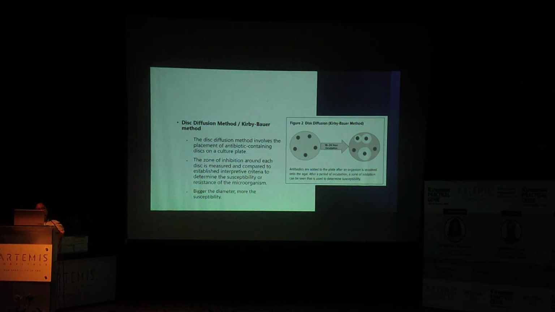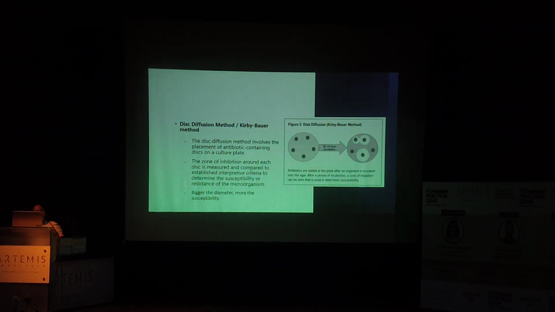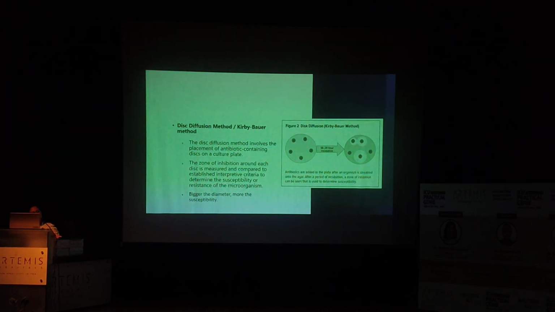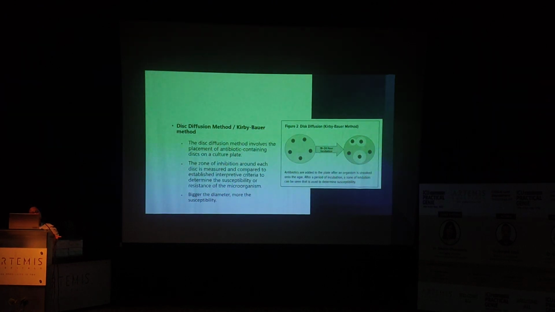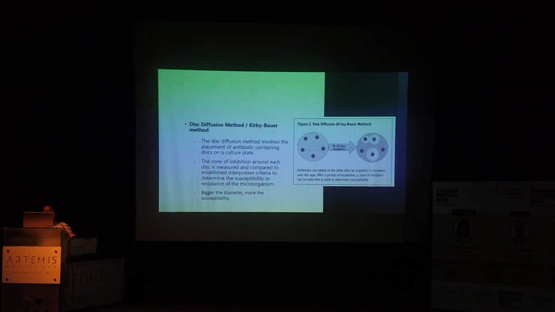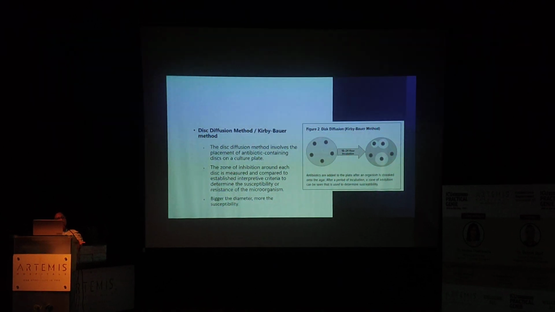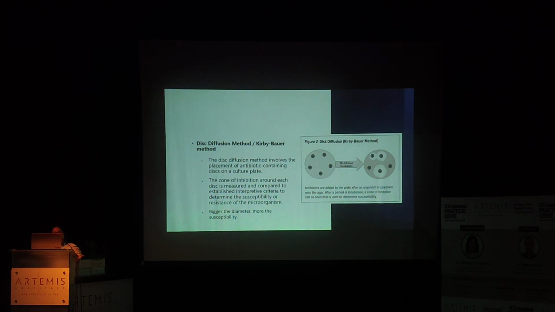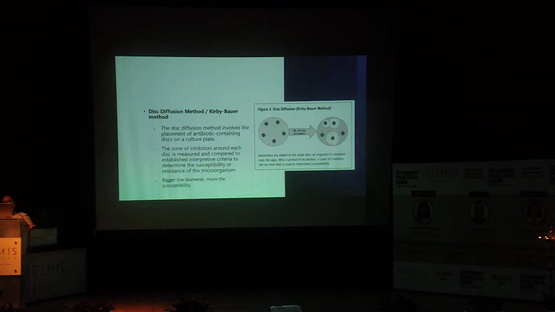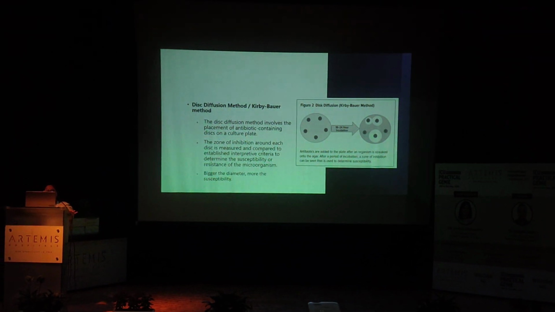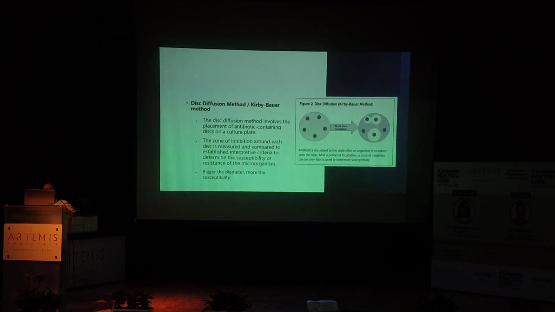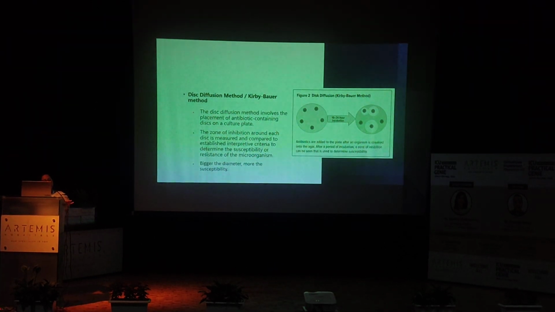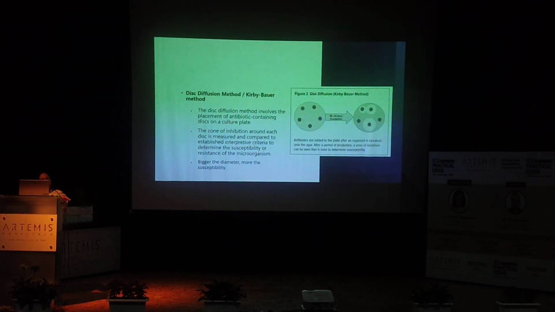Whenever the antibiotic diffuses out of the disc, its concentration gradually decreases with the diameter, and the area where the growth of the bacteria gets inhibited, there we draw a circle with that diameter, that is called the zone of inhibition. How do we read it? The bigger the zone of inhibition, the lower the MIC and the more susceptible the bacteria are to that antibiotic.